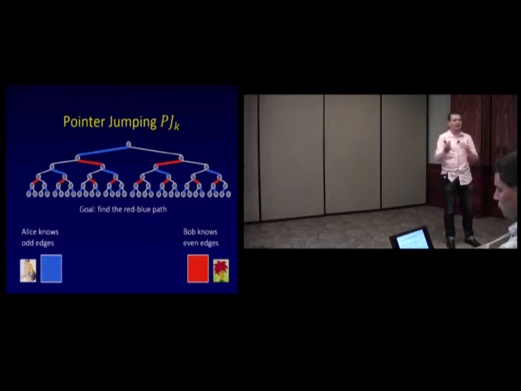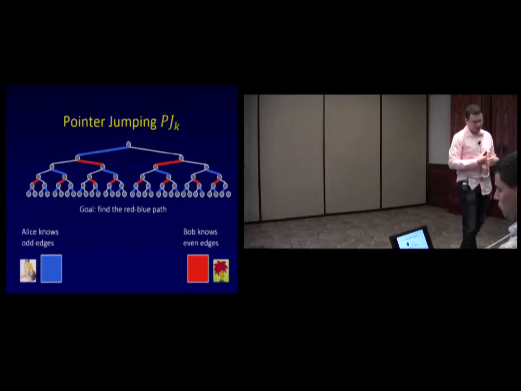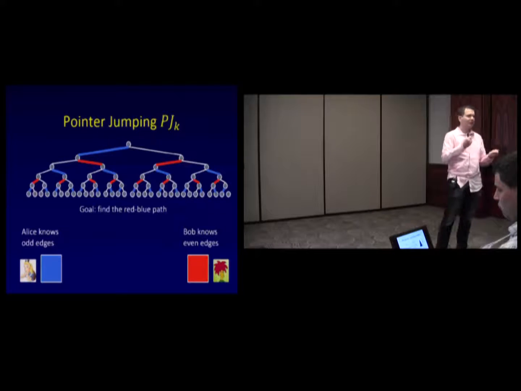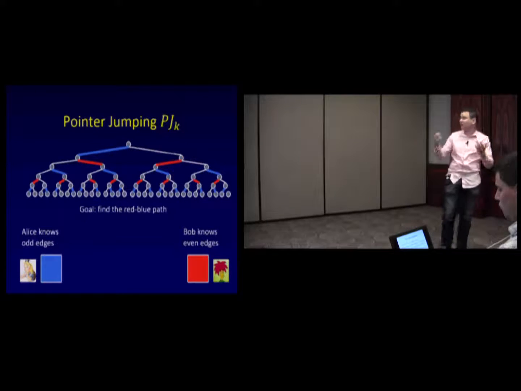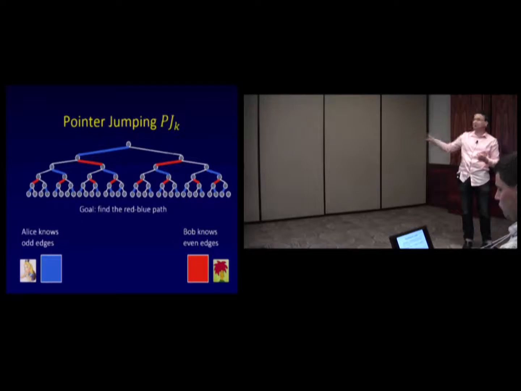So this is kind of the most generic k-round protocol. Moreover, up to a factor 2, it can simulate any other k-bit conversation, because what else can happen is that Alice speaks and then Bob needs to send 2 bits. Well, it can still be simulated with PJ 2k by Alice skipping some of the rounds.